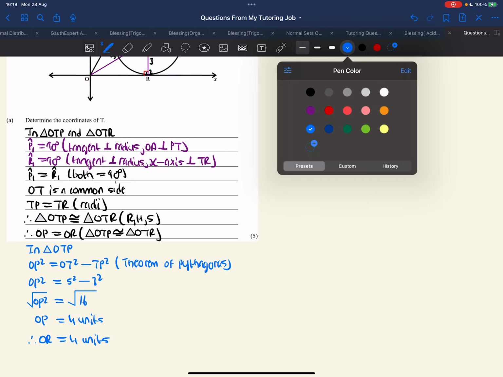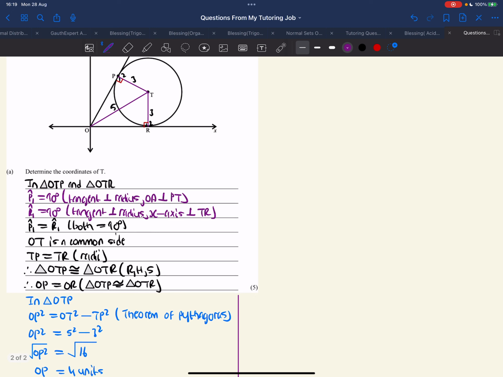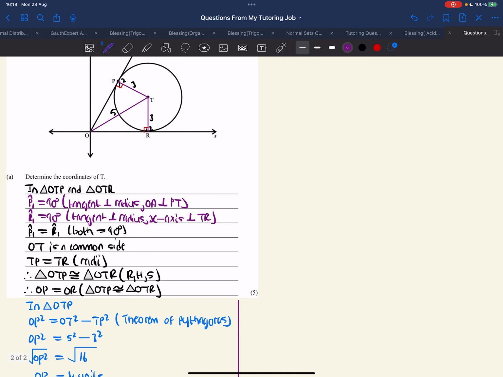All right, now let me change the color. Let me write down the other steps there. Now we have found that OR is 4 units. What I want you to get is that the coordinates of O are 0, 0.